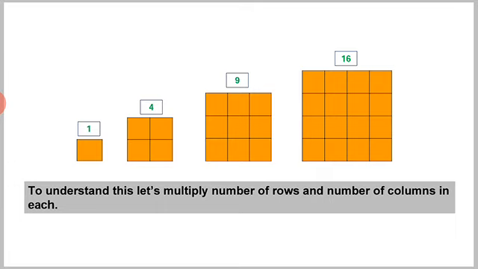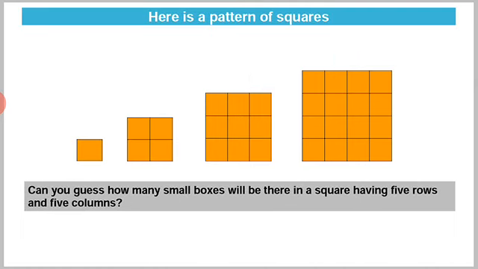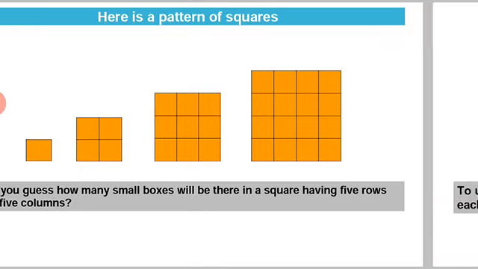Similarly, in the third square, there are 9 small boxes, and in the fourth one, there are 16 small boxes. So, the question was, how many small boxes will be there in a square having 5 rows and 5 columns?